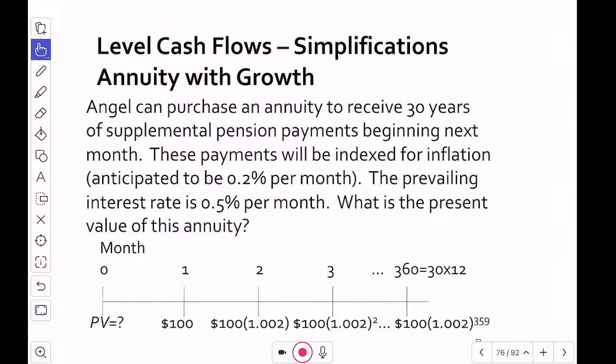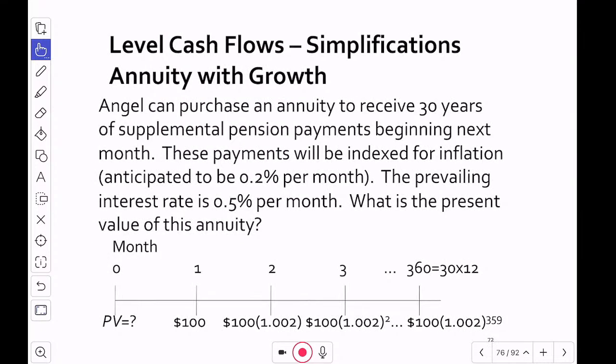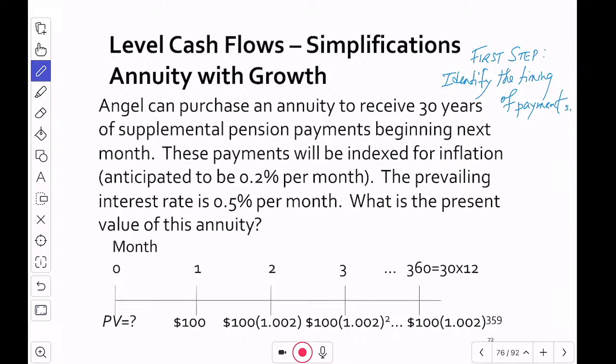So, when problems are presented to you, the first thing you need to look for is the timing of payments. Now, a problem might not have payments, so you don't have to do this. But if there are, identify the timing of payments.